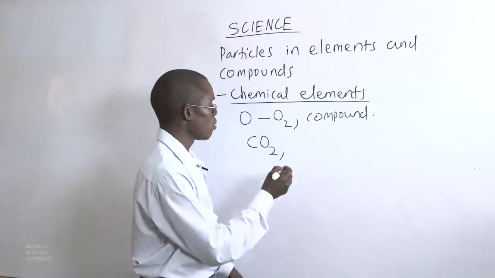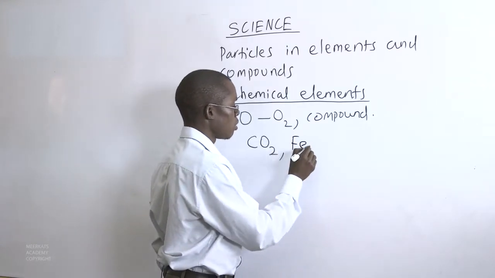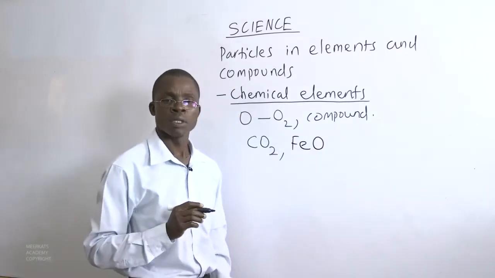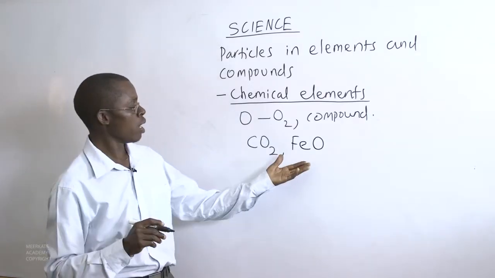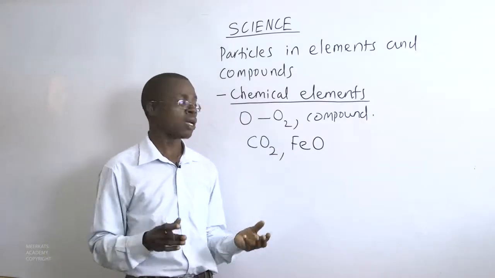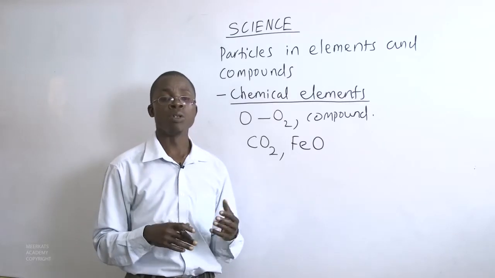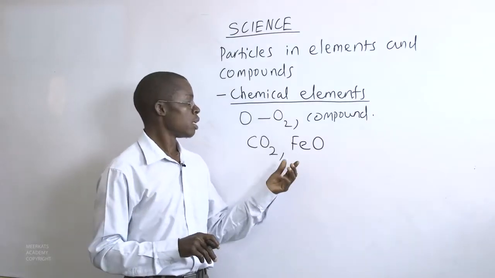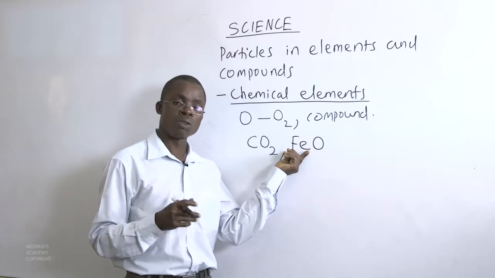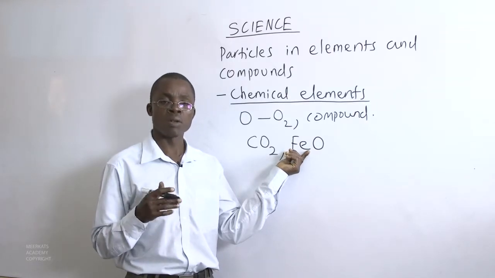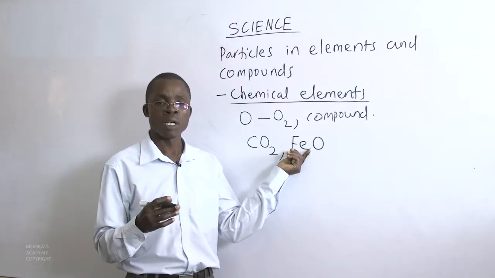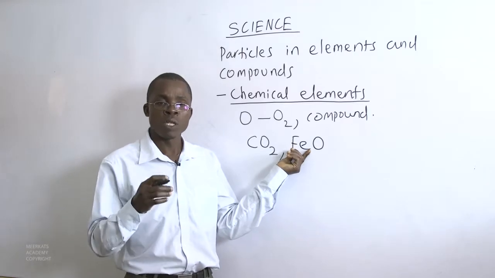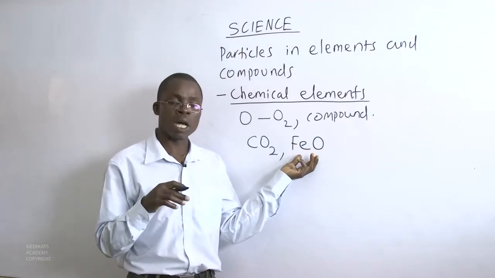Another one is iron oxide, where you can purify and get out iron, which will be used in so many ways as iron metal. But you don't just get iron as iron metal. You get iron as an ore, which is in most cases an oxide.